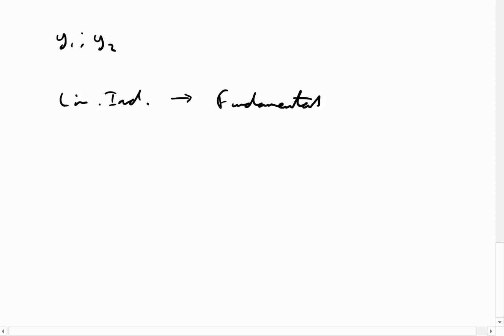Why? Well, if they're linearly independent, that basically means that they're fundamental. One cannot be broken down into elements of the other, so they can't be broken down any further.